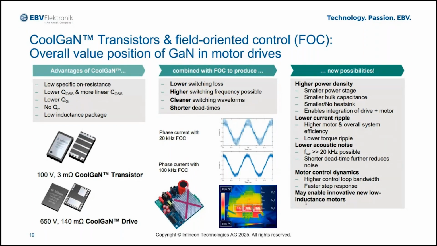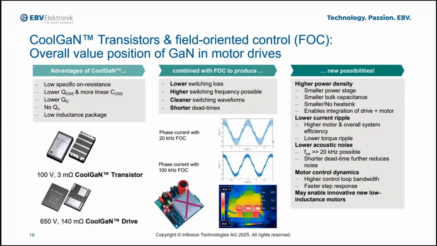So the aim of GaN, as we see today in the market, the trend is to design heatsinkless designs, increasing the amount of power which you can reach without having to use a heatsink.